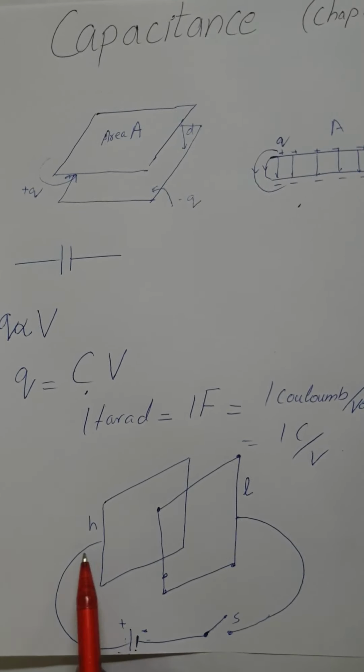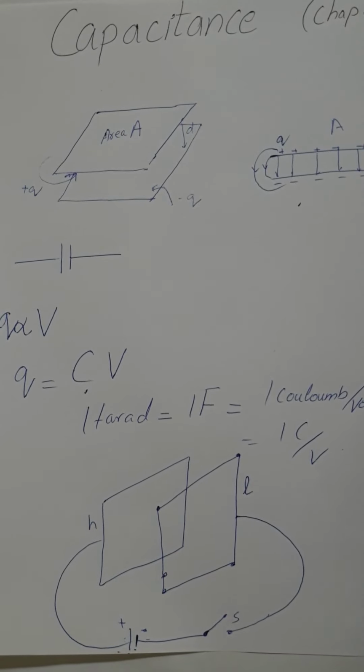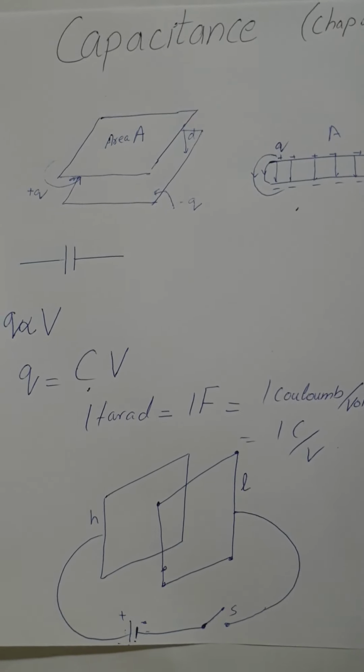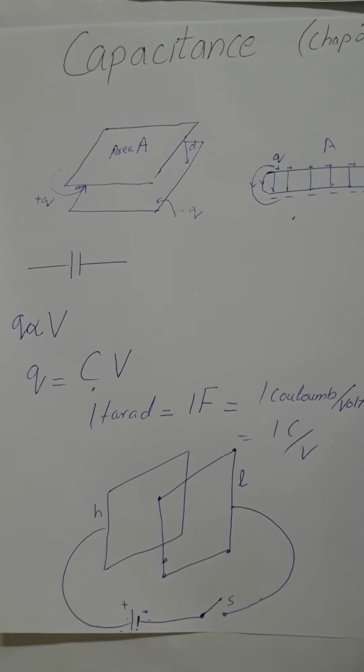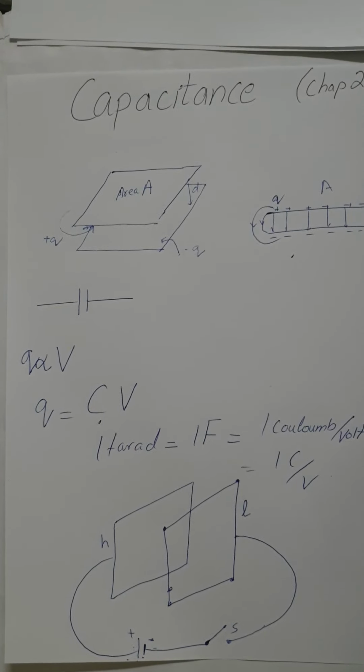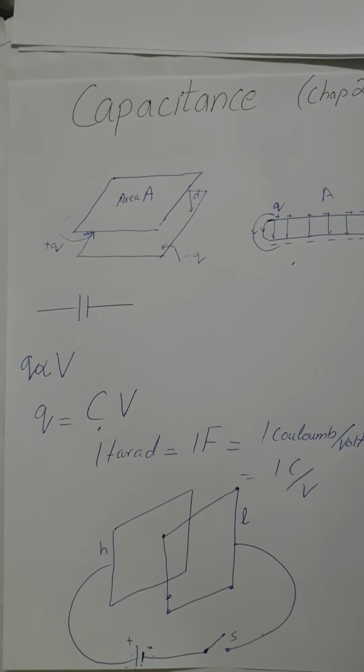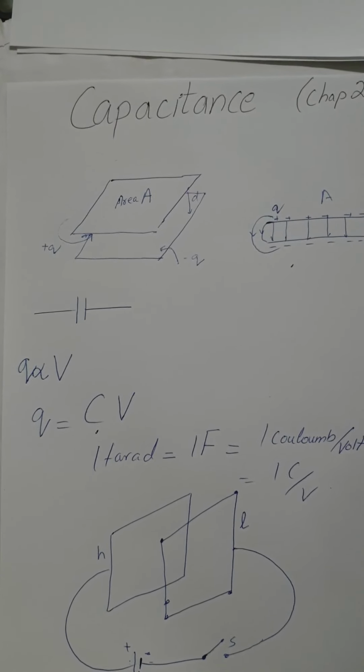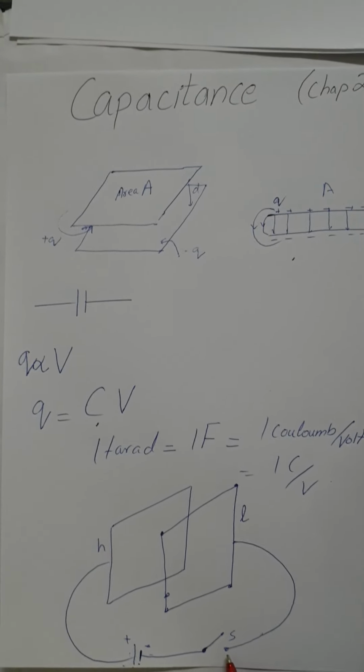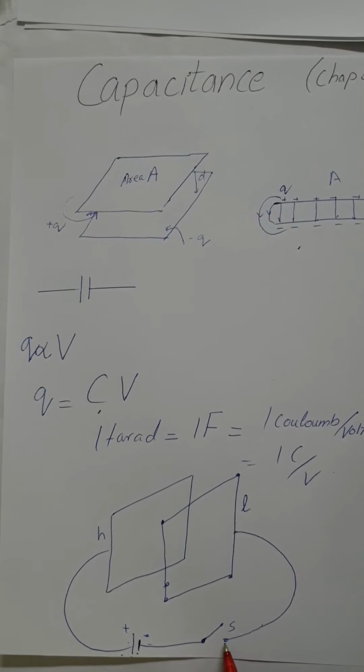So this whole configuration makes a circuit. The battery maintains the potential difference between its terminals. The present circuit is not complete because switch S is open and the path is disconnected.